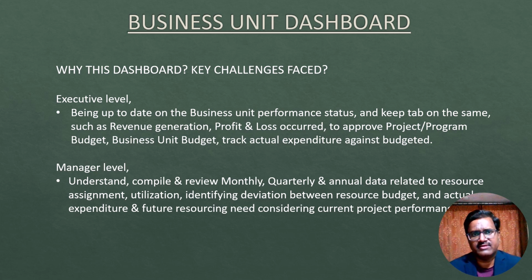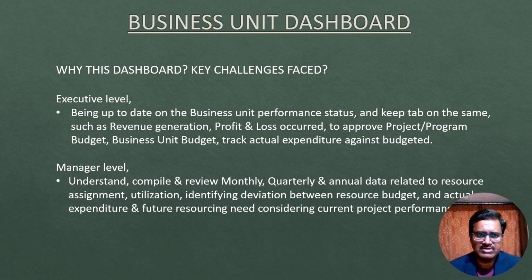understand, compile, and review monthly, quarterly, and annual data related to resource assignment and utilization, identifying the deviation between the resource budget and the actual expenditure, and the future resourcing need, considering the current project performance status.